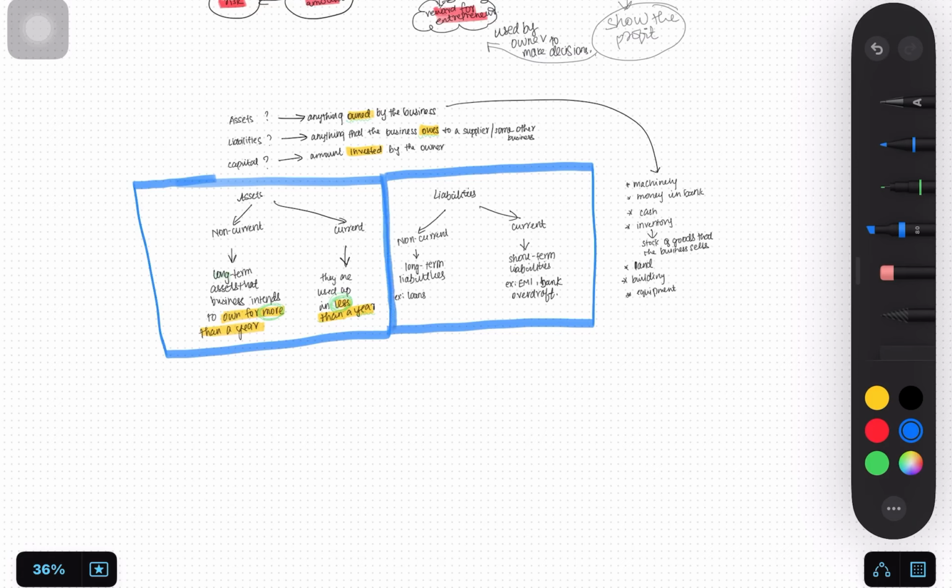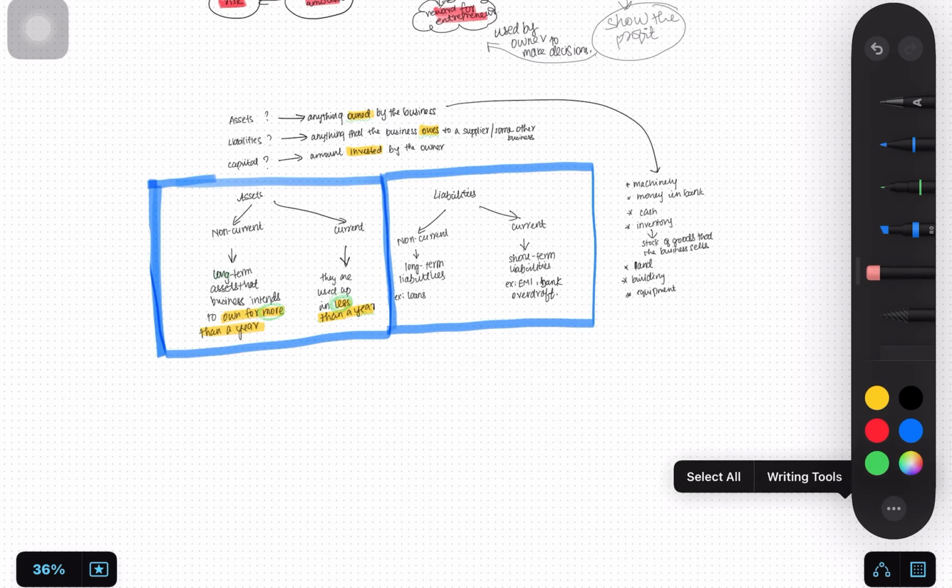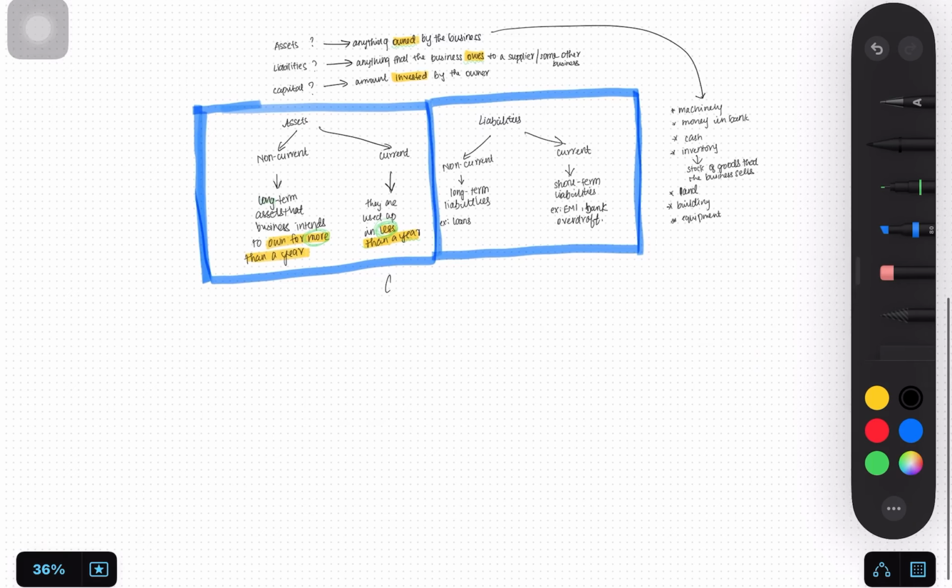Now, let's move on to capital. So we already know that it is the amount invested into the business by the owner.